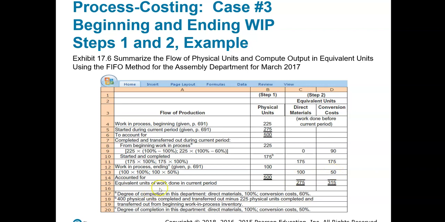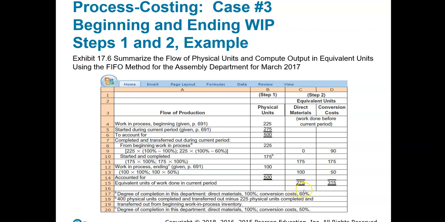Now, to get my equivalent units of work done in the current period, I'm going to add up all three of these numbers here. The amount of work I had to do on beginning inventory, the amount of work started and completed, and the amount of work done already on the units in ending inventory. When I add those three up, I will get my equivalent units of work done in the current period. And I will do that not just for direct materials, but also for conversion costs.